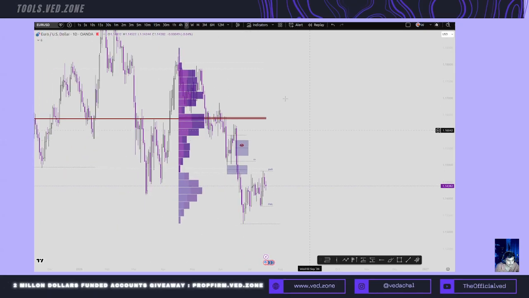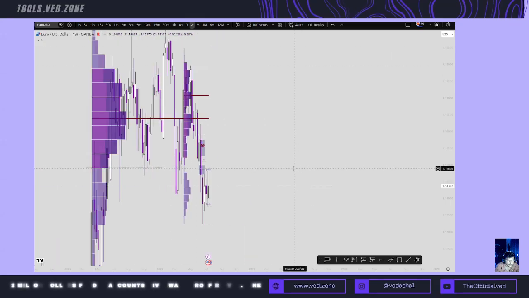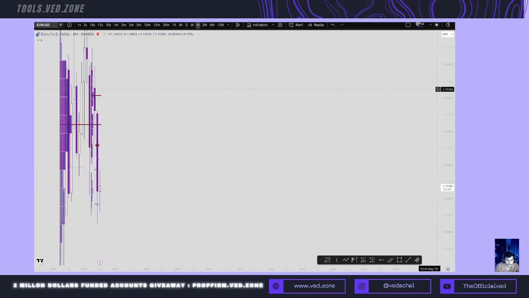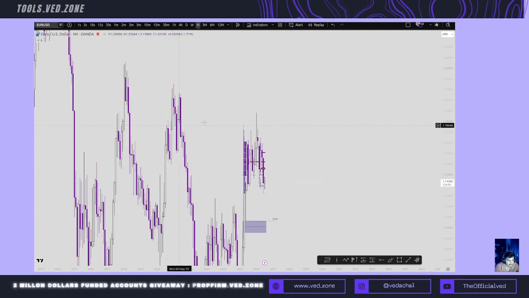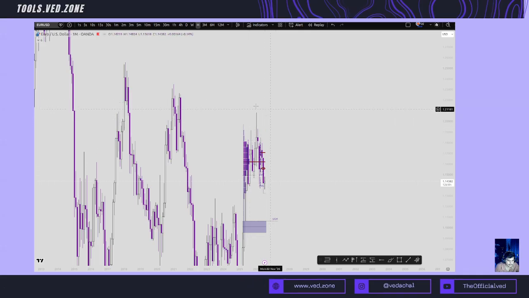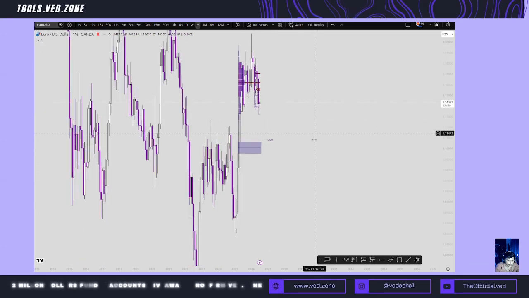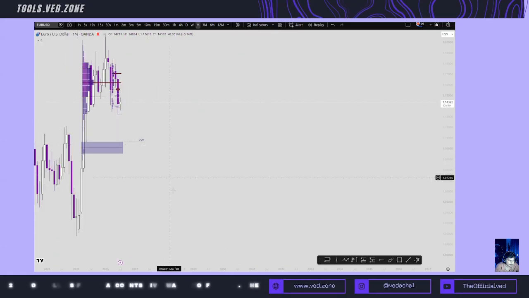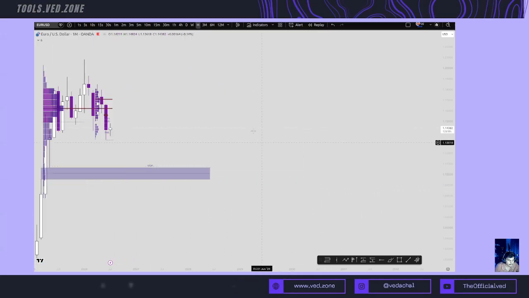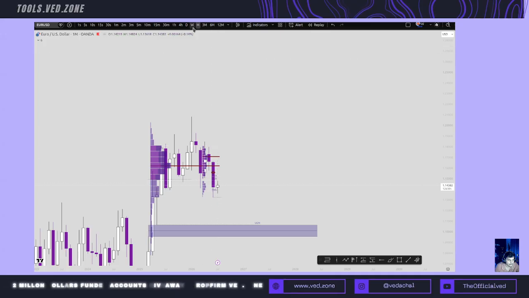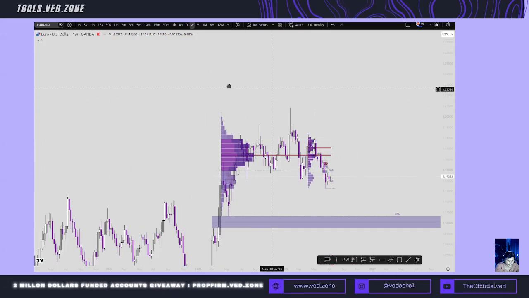Now if the DXY is looking bullish already, how is the monthly going on the Euro USD? If you remember, I called a short here on my Discord, and I'm still in this short, and my final take profit of the swing short would be this, which is the unmitigated monthly gap again, right? See, now we put on the range here. Now let me switch to the weekly chart.